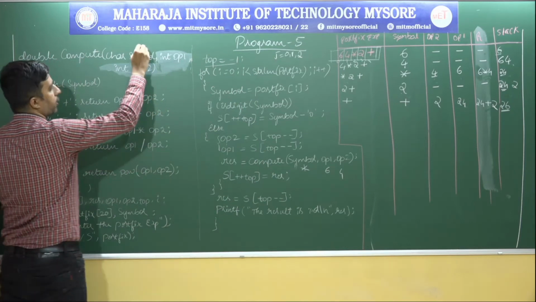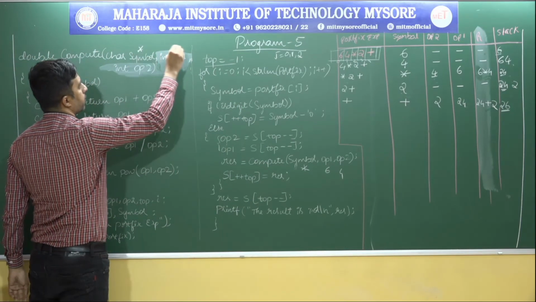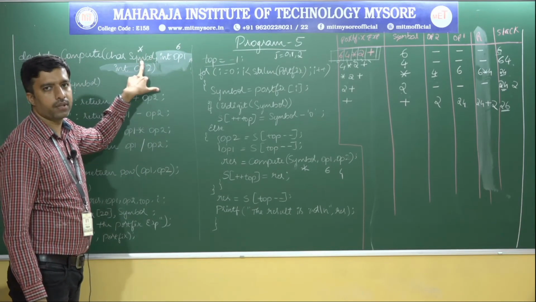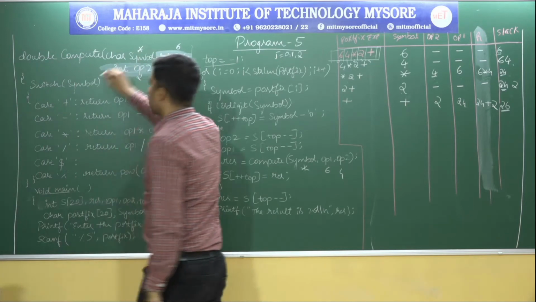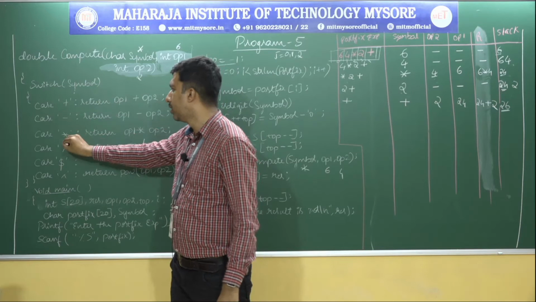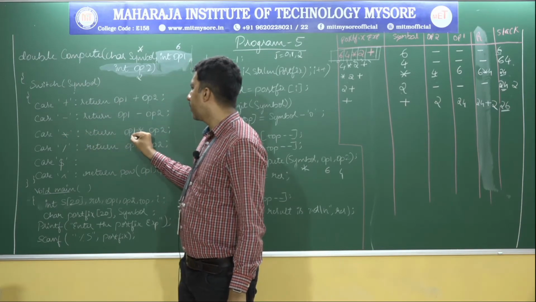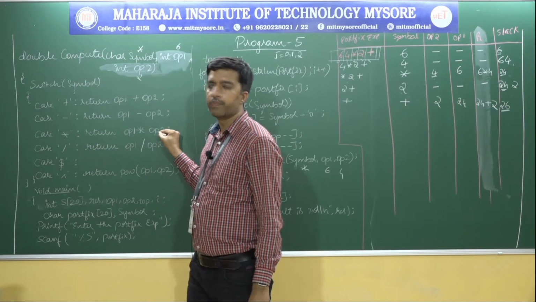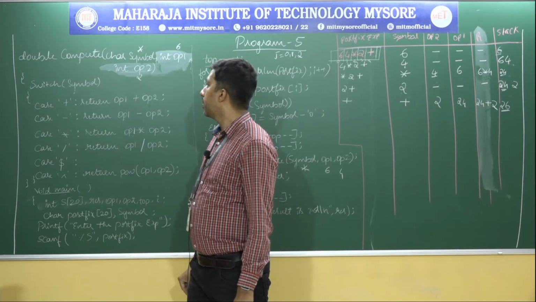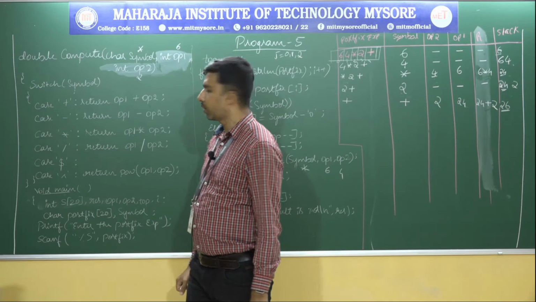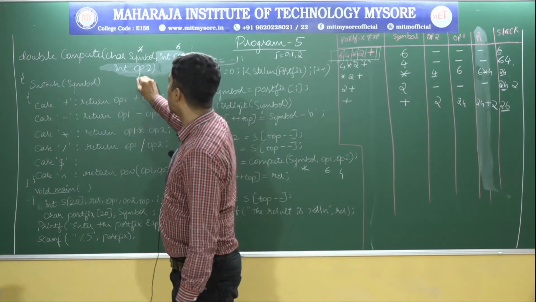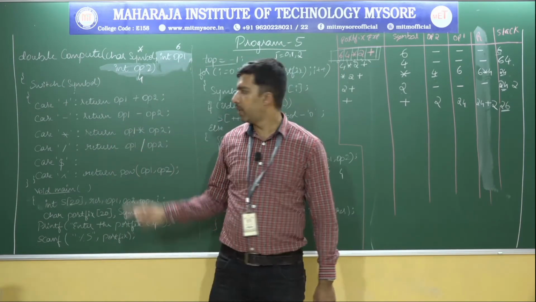On the basis of which symbol it is, the switch calls: the symbol is star, so return operator 1 multiplied by operator 2. 6 times 4 is 24. It returns 24.